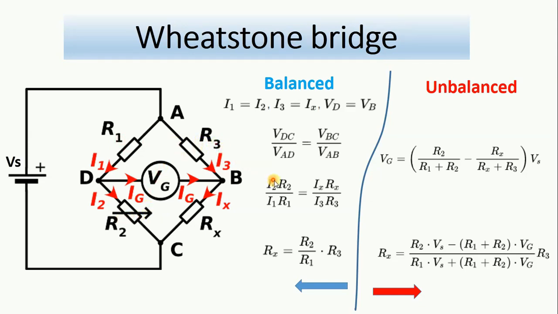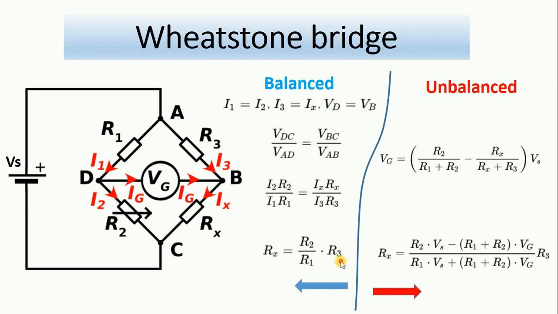This is all known to us, and the supply voltage is also known to us. At the point where we achieve the balance between these two points, the Vg becomes 0, and we come to this form. So as you can see, this is not a function of any voltage measured, so there is no error due to the measurement device.